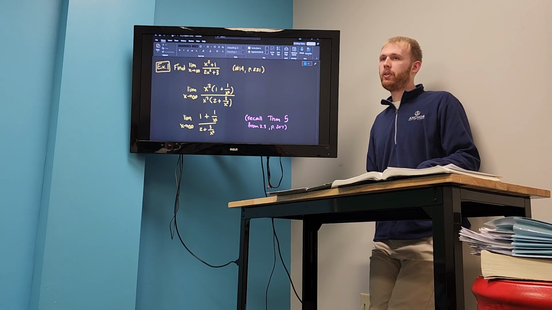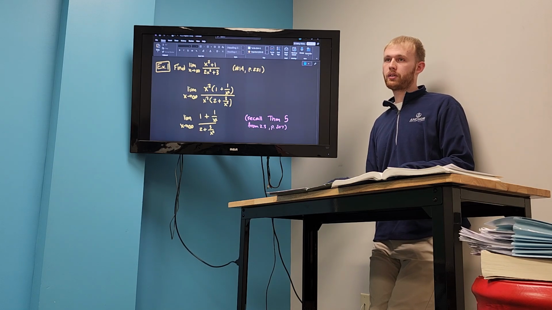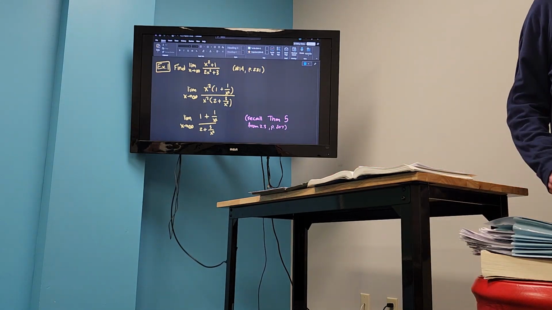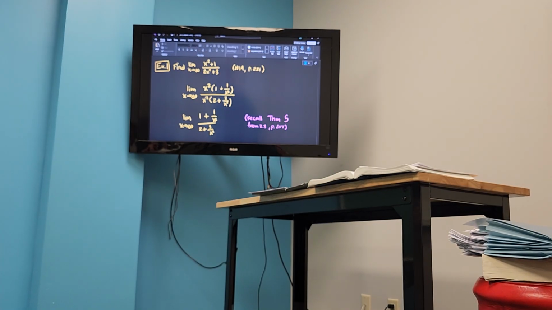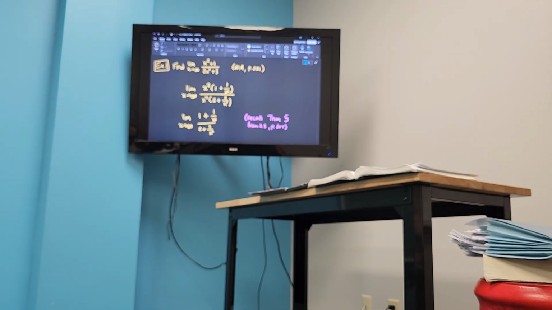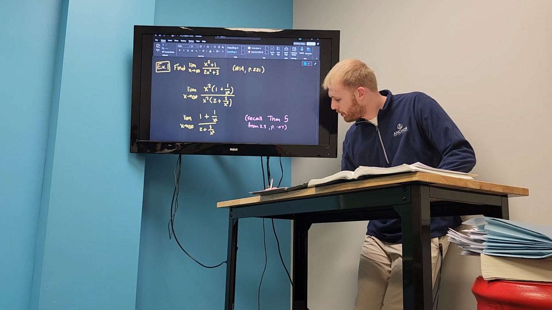It says, hey, if you have the sum of 2 things, but you're taking a limit, you could take the limit of each of those individual things. Definitely 107. I just wrote it down wrong. Okay, I'll change that in my notes. There you go. That's fixed.